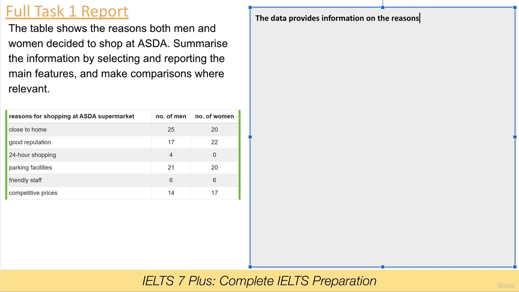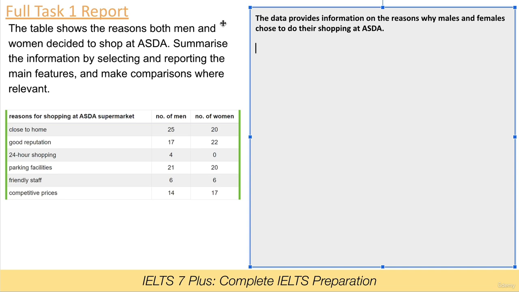We could put reasons why males and females went to do their shopping at Asda. Okay, the data provides information on the reasons why males and females went to do their shopping at Asda. Or maybe chose to do. I like that. Chose to do their shopping at Asda. All right, so that's our paraphrased first paragraph there.